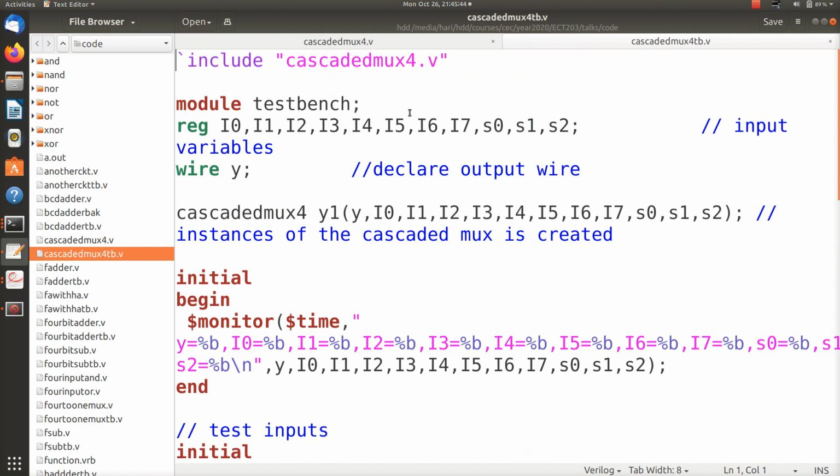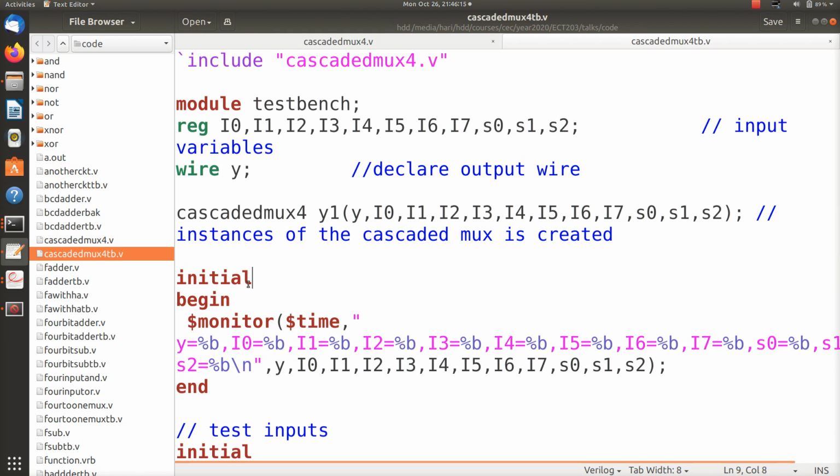So in the first line I include this cascaded mux 4, this device under test, then some module test bench registers. These are the inputs like I0, I1, I2, I3, I4, I5 to I7. S0, S1, S2, these are held as registers, and the output is a wire. Now I make an instance of this cascaded mux 4, with Y, I0 to I7 and S0, S1, S2.